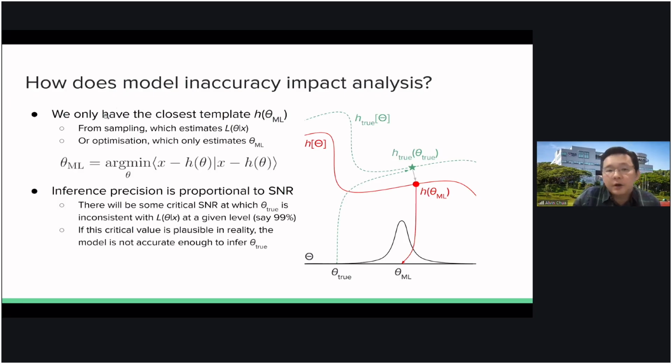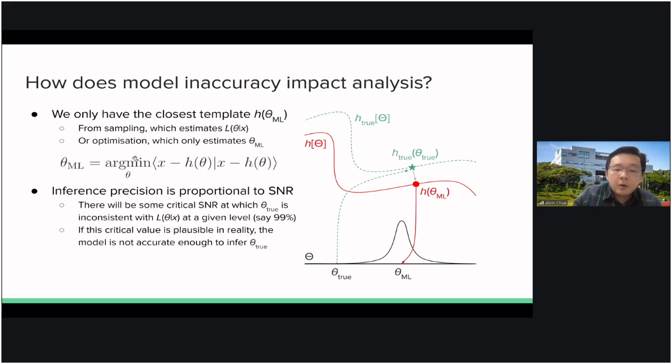The most thorough way, which you would want to do anyway for inference, is via sampling. Sampling estimates the likelihood as a density over the parameter space, as depicted below here, this black curve. But the other way, if you're after a point estimate, you can just do it by optimization, and that only allows you to obtain theta_ML.